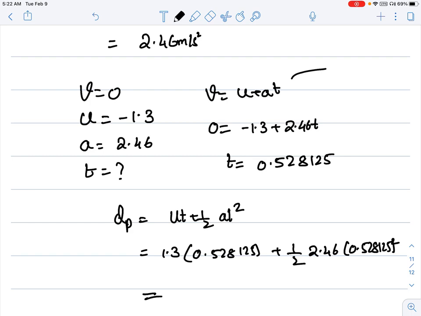It is 1.3 times 0.528125 plus half times 2.46 times 0.528125 whole square. When I simplify in three significant figures, it becomes 1.03 meters. That's going to be the final answer for question number 7.